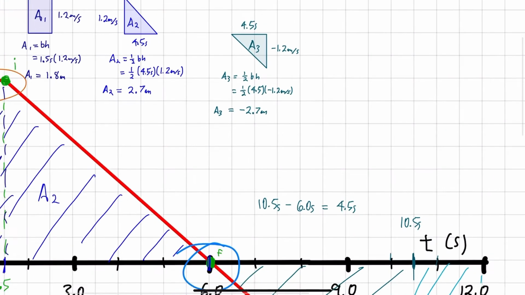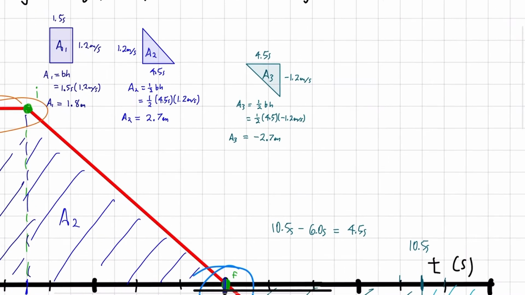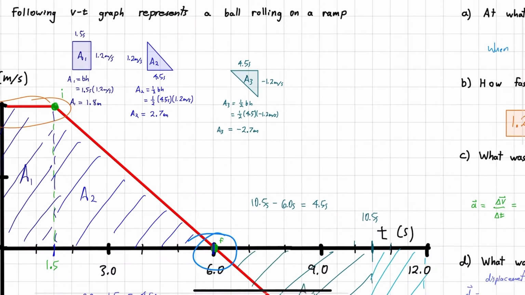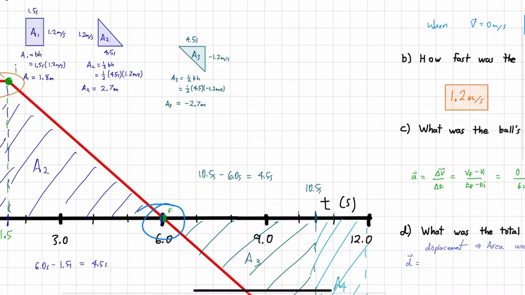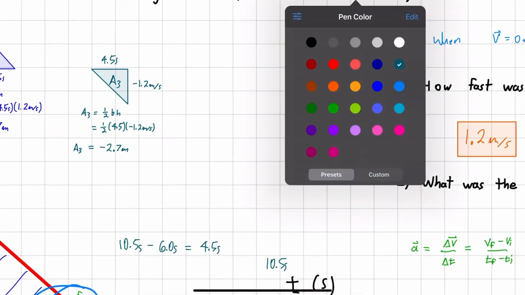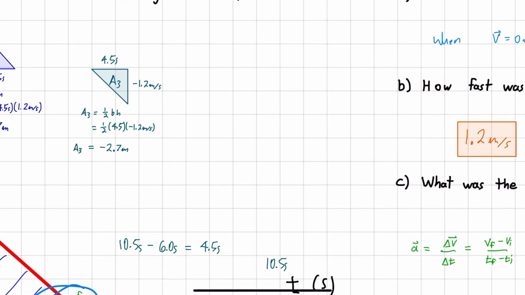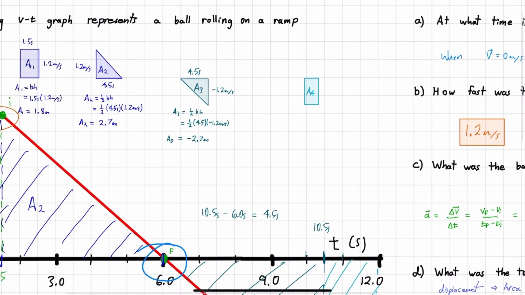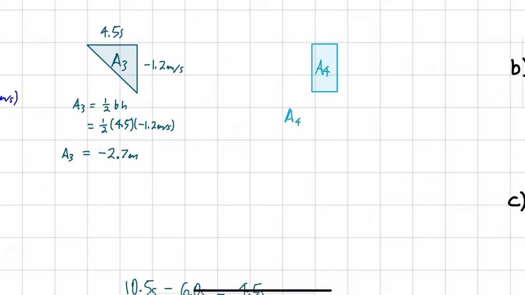You might be a little confused at the moment, but if you bear with me here, it'll make sense once we start doing some math with that. And then same thing with area 4. This is just the same as the other ones. This should be getting easy by now.